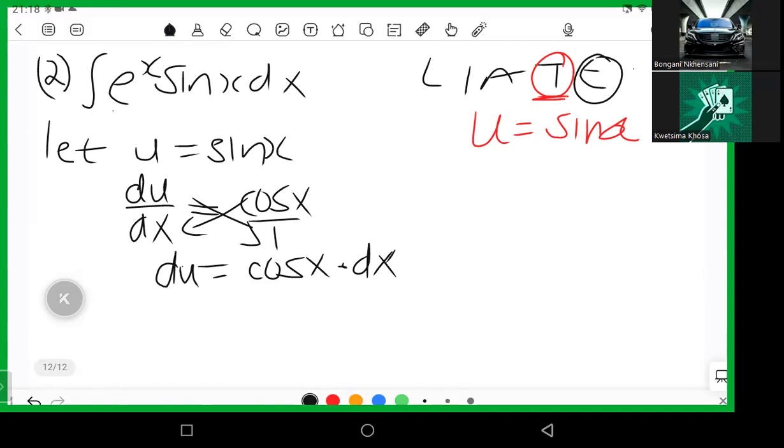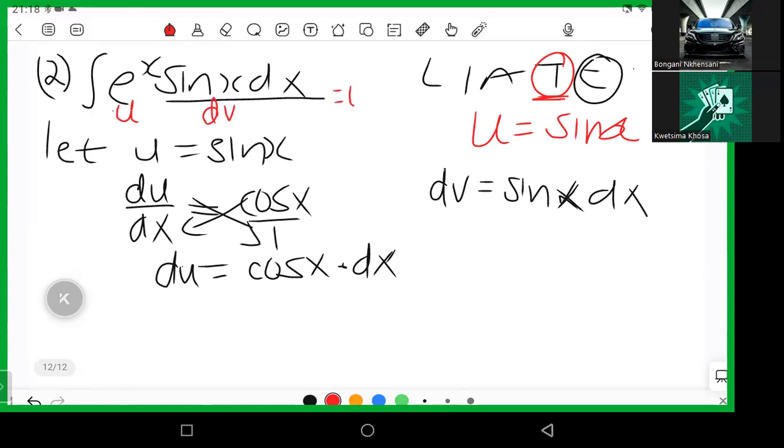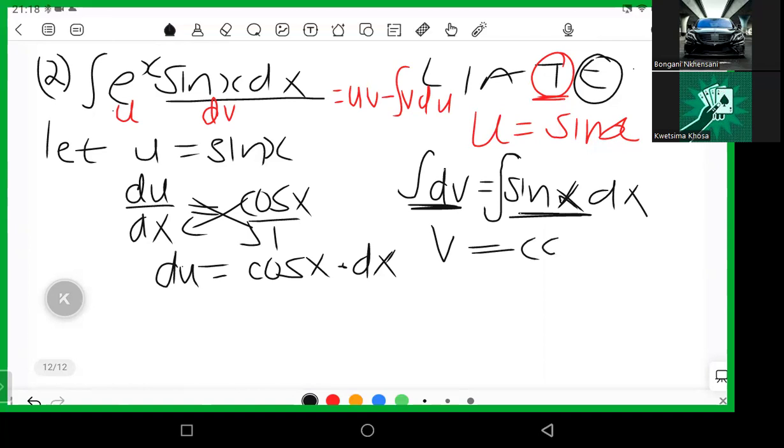Then now we know that the v is the integral of sine x dx. If this one is u, then this one is the v. And then you use the formula uv minus the integral of v du. So now we are going to integrate this side and also that side. So the integral of sine x is cosine x.